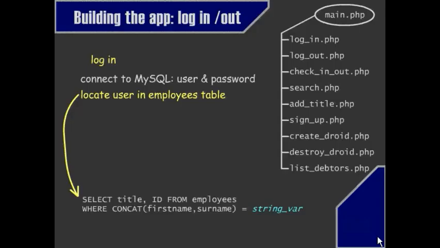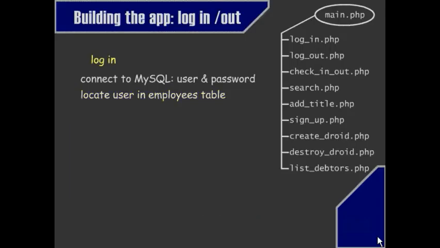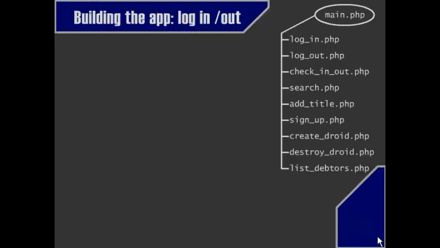So the first name and last name on the employees table are going to act together as the username for the employee. The logout script contains no queries at all.